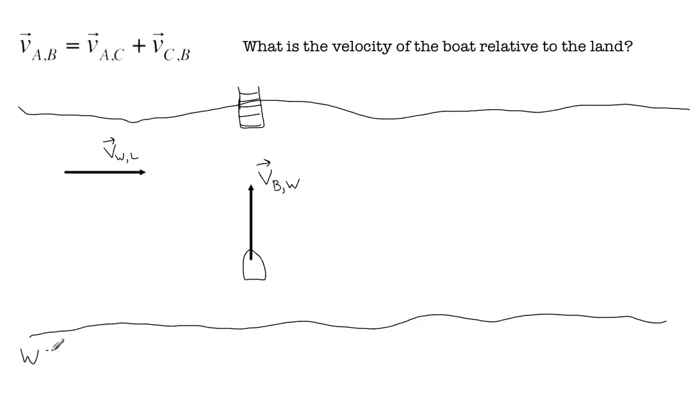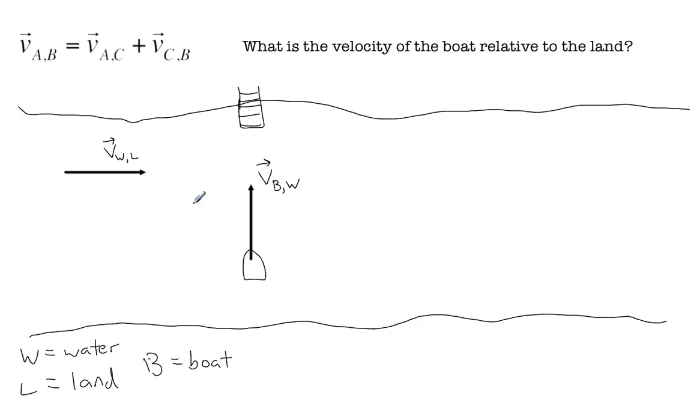So here W is water, L is land, and B is boat. So the velocity of the water with respect to the land is kind of like how the water is moving down the river.